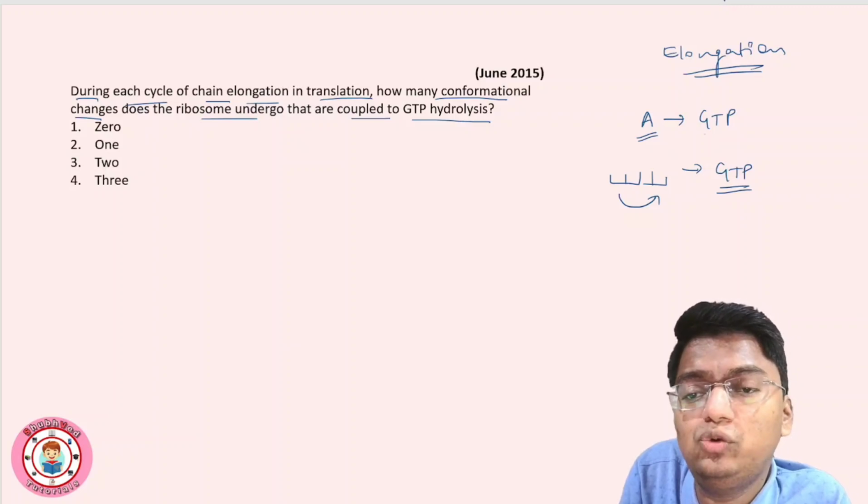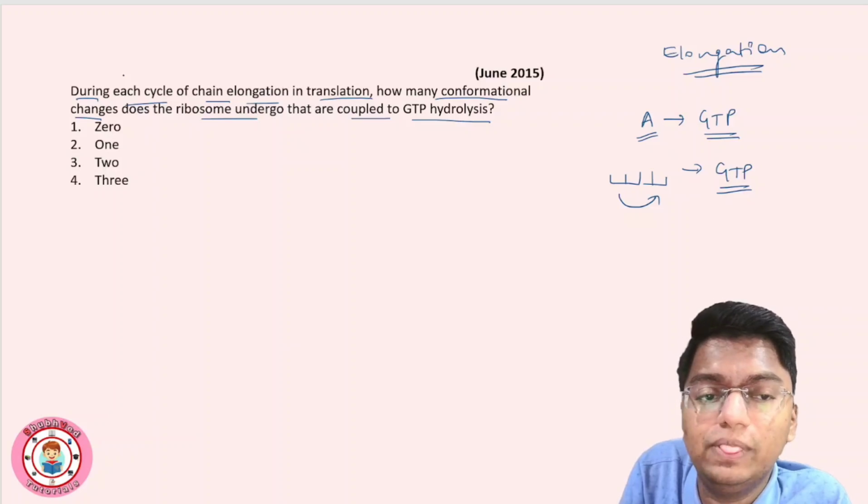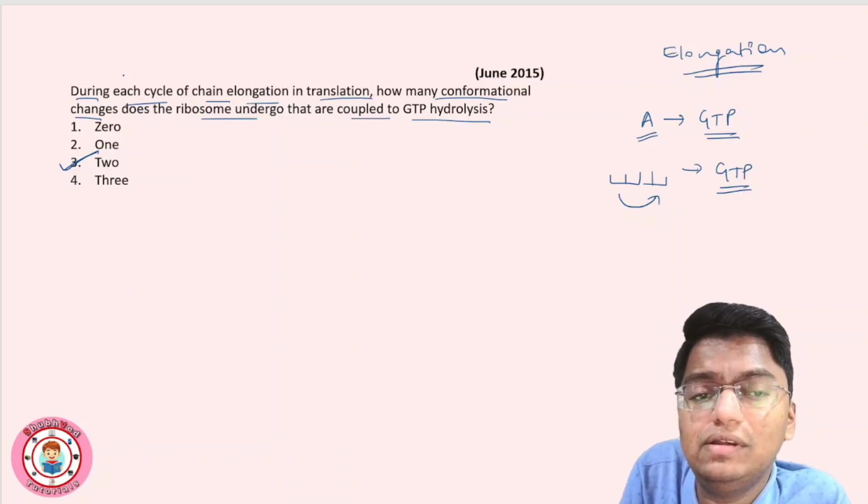So basically two molecules of GTP are used, okay, so that is coupled with GTP hydrolysis. So answer is two molecules, right? Conformational changes यहाँ पे पूछे हैं.